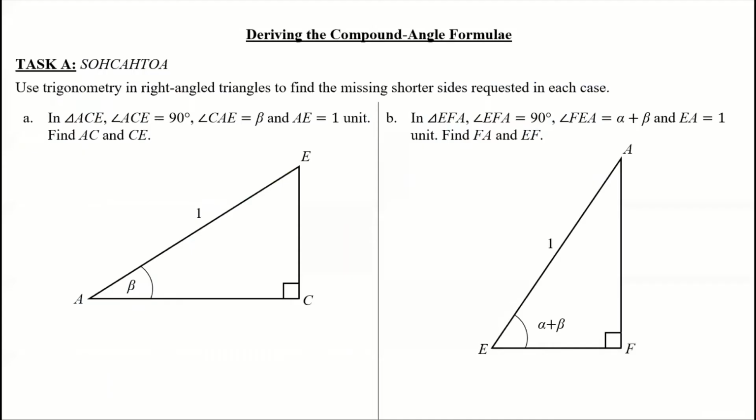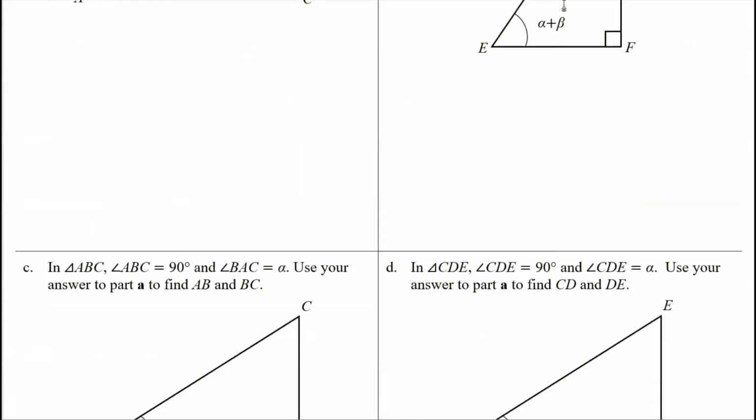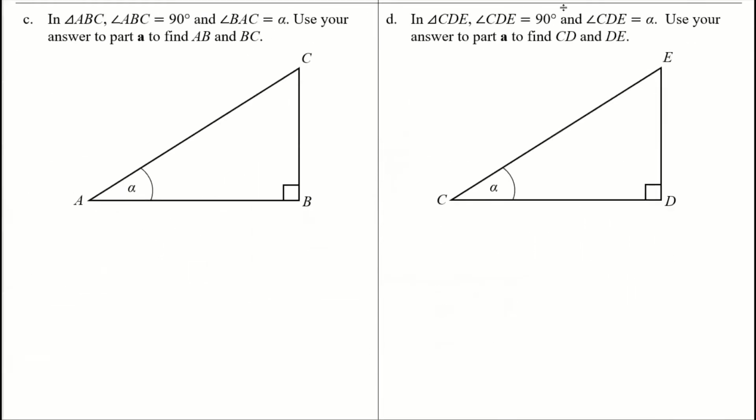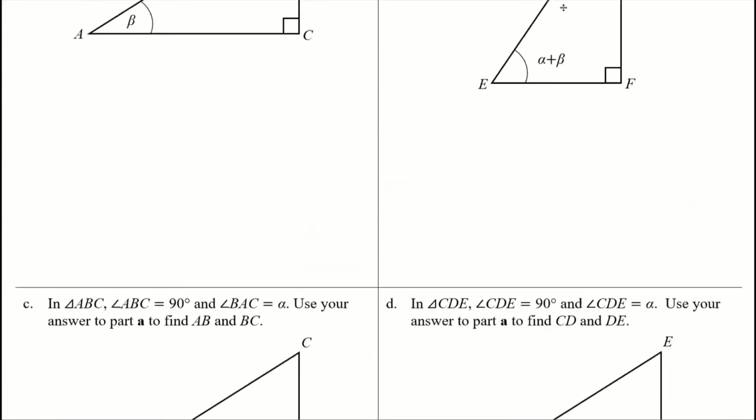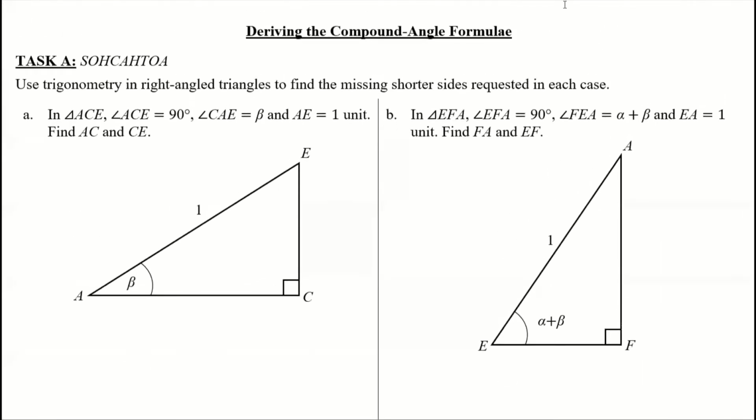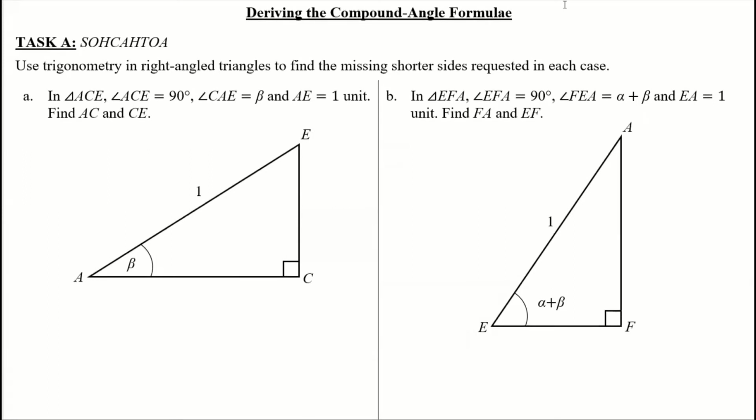Okay, so first up, this is task A. This is a task for you. So I would like you to pause the video in a moment when I tell you to, and have a go at this yourself. Now, what we have on the screen, although you can't see, I'm just going to scroll down, is 4 right-angled triangles, and the labeling will be slightly different.